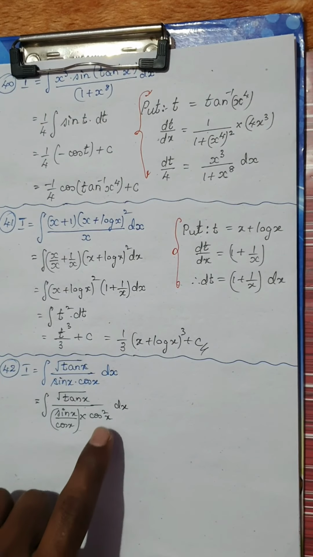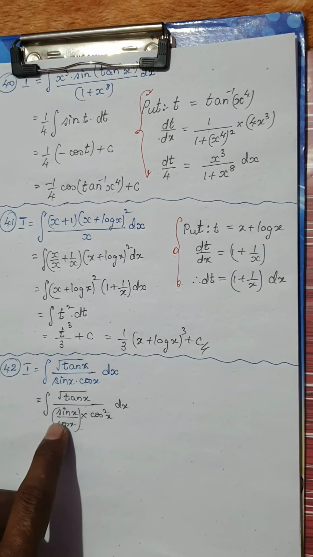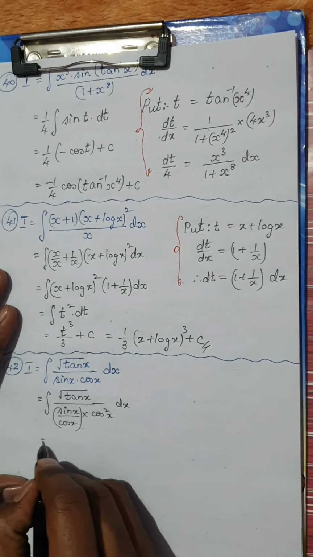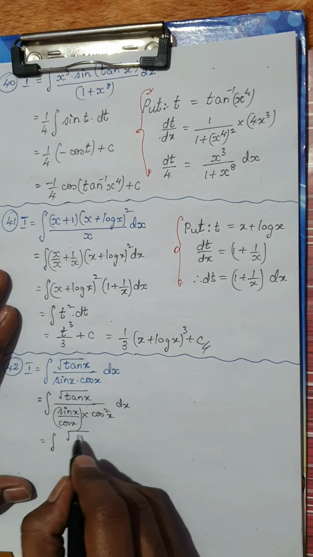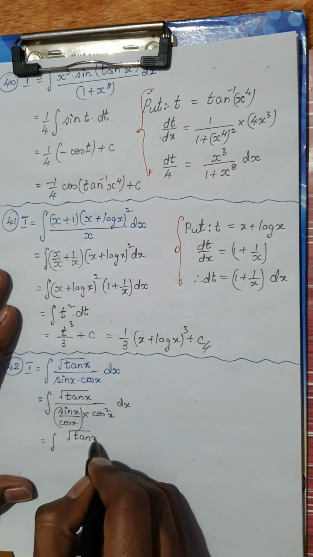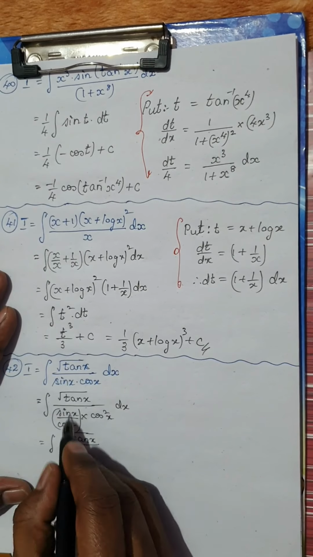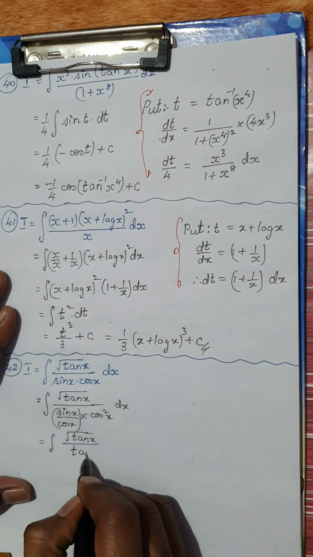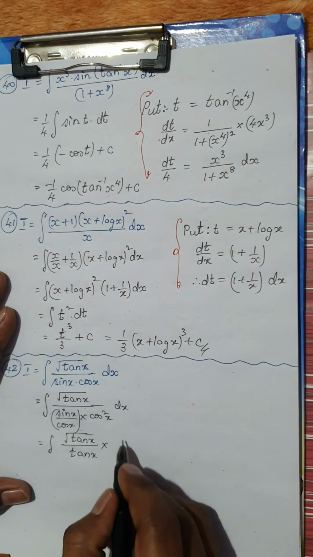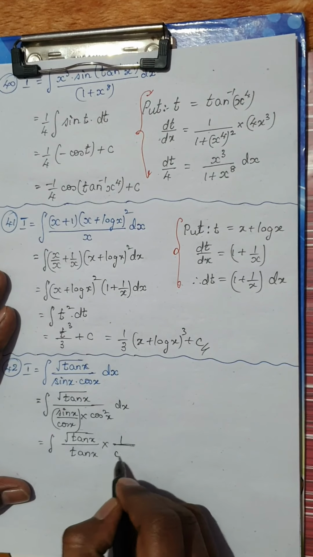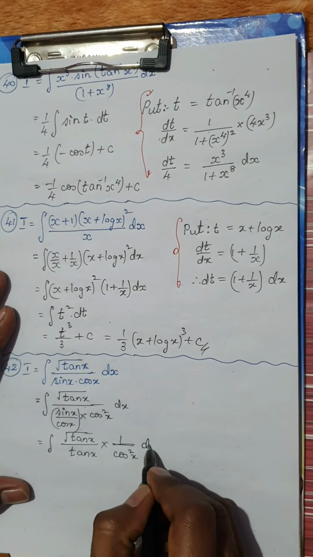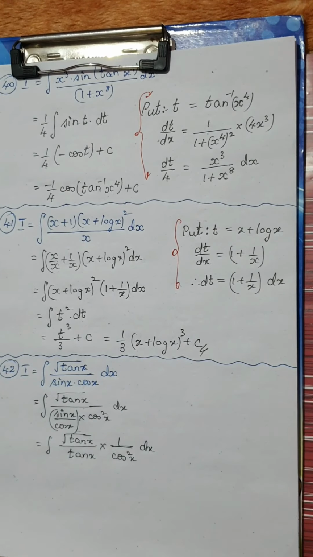Is it clear? I have multiplied and divided the denominator by cos x. So this is the integral of root of tan x divided by, now sin by cos would be simply tan x, into, I am going to split this, 1 by cos square x dx. Is it clear?